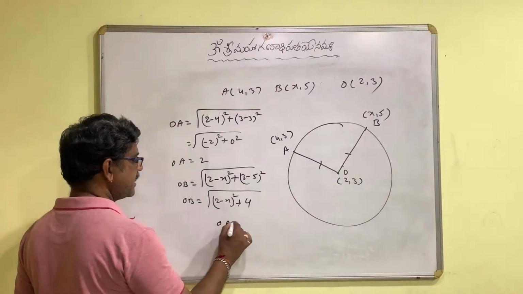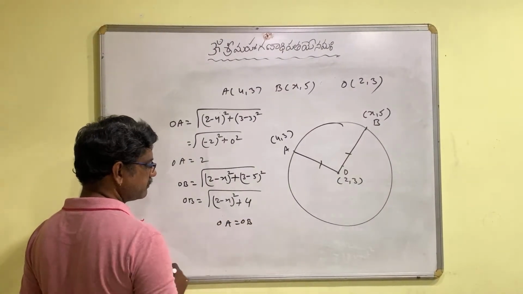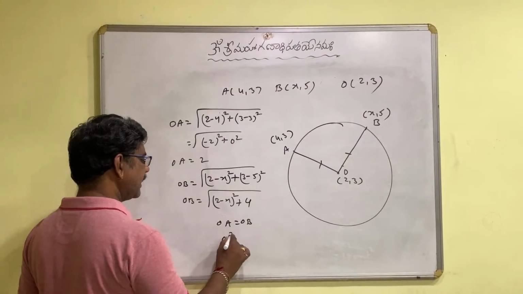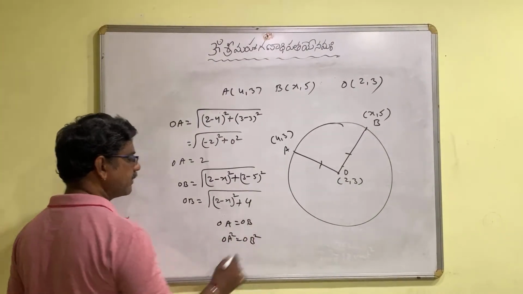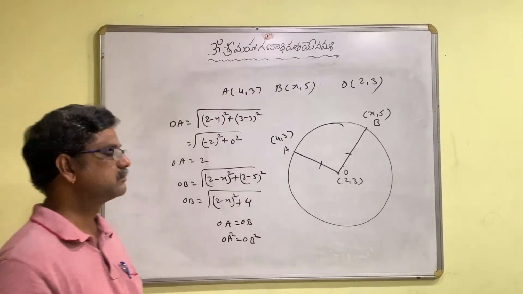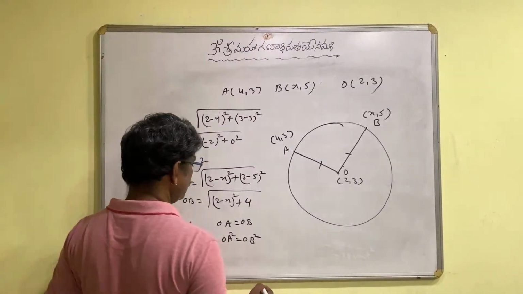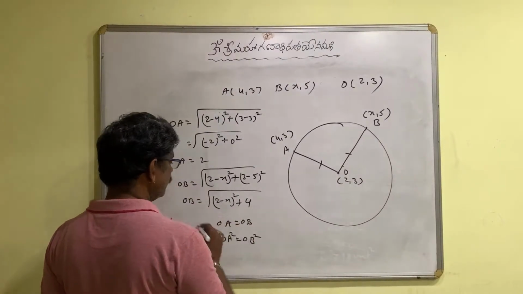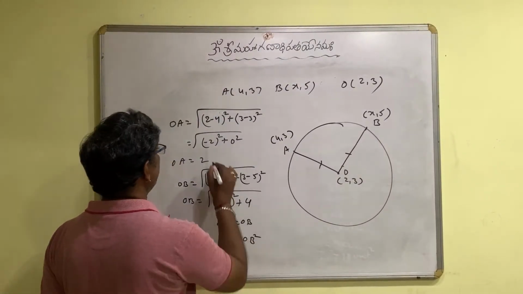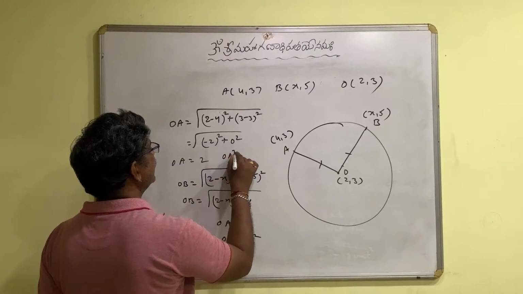So OA is equal to OB. Then OA square is equal to OB square also. Squaring on both sides.